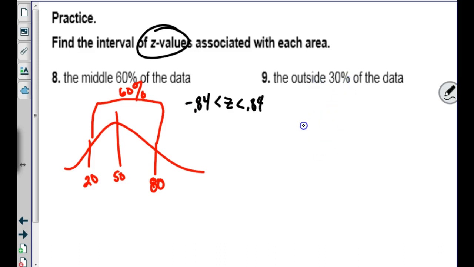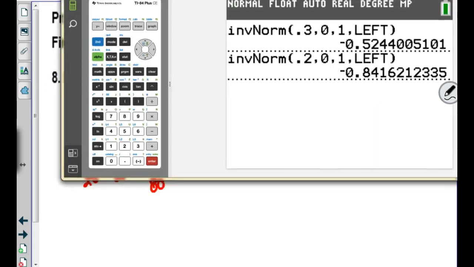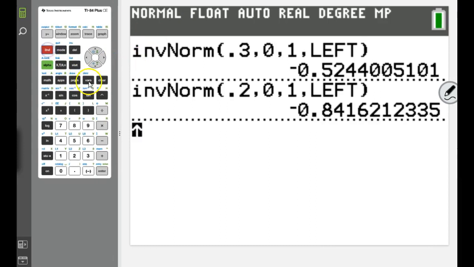The outside 30%, help me with this one real quick though, guys. Do you remember how this goes? It's 15% on either end. So you need the bottom 15% and the top 15%. 30% of the data, you want the bottom 15% and the top 15%. So if you went back here, they're both going to give you the same score.